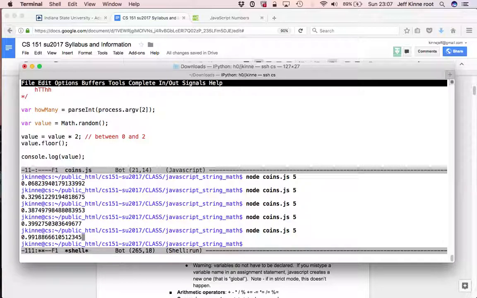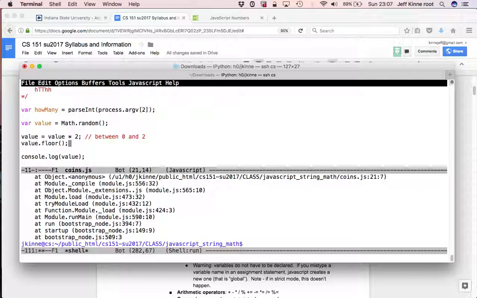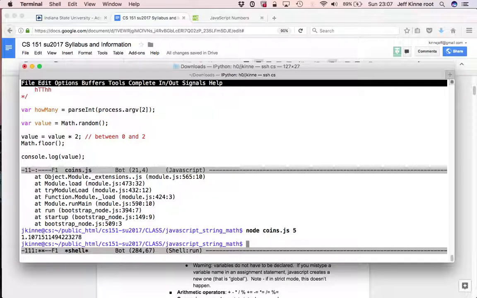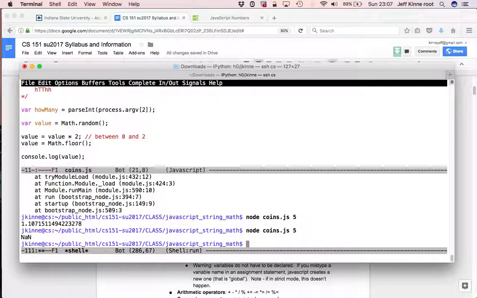Let's see what it says. Right, it should be math.floor. So math is the collection of functions. Right. So if I want to save that into value, math.floor is what I want, and let's save that back into value.